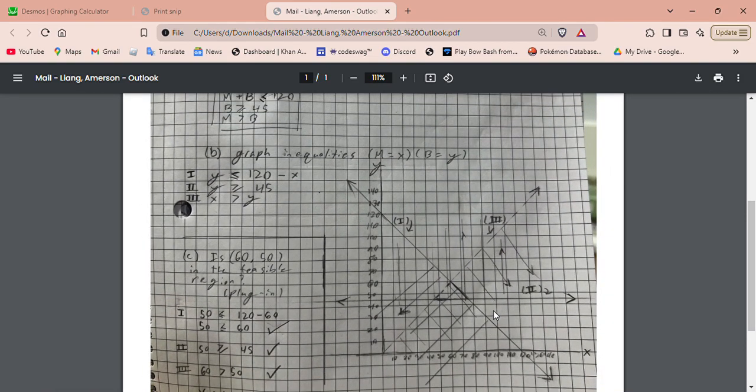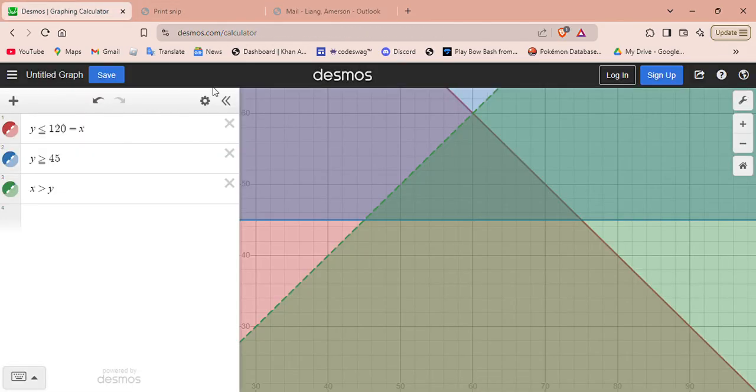This is the first inequality, the second, and the third. These are the regions of each line individually, with arrows coming out from the bottom or the top. From these equations, you can tell the direction of the region of each line. I'm going to go into Desmos now to display this better.